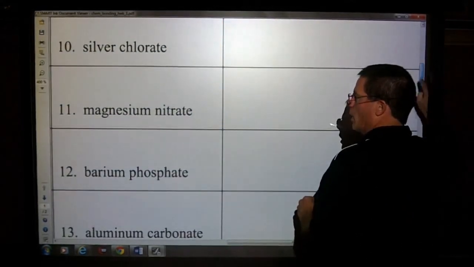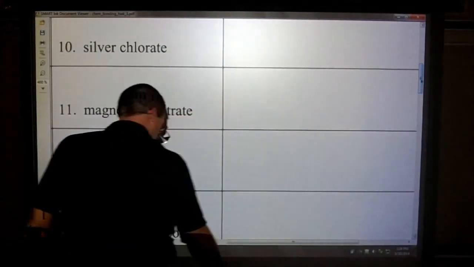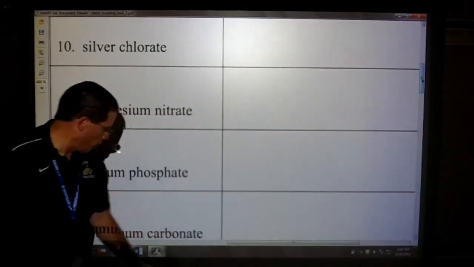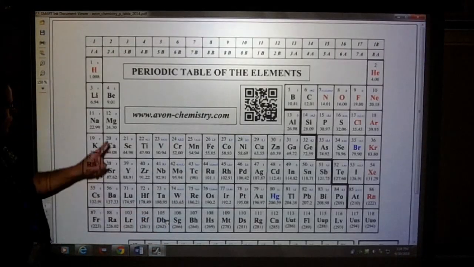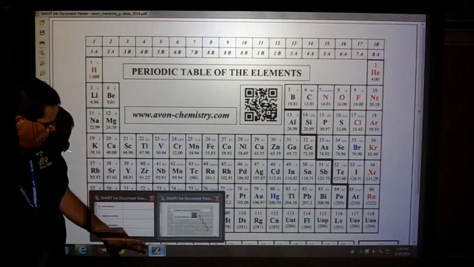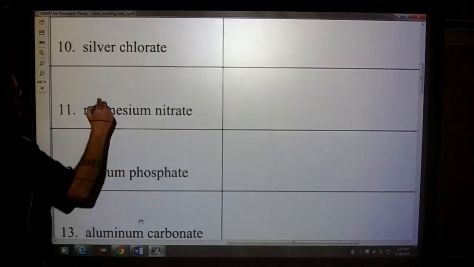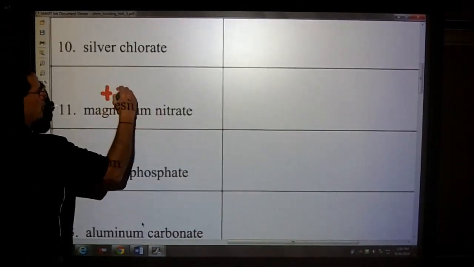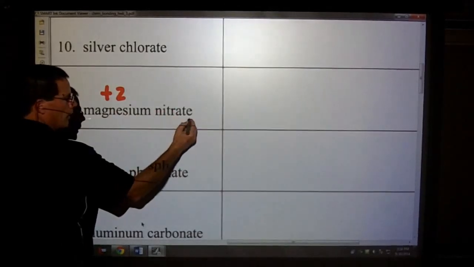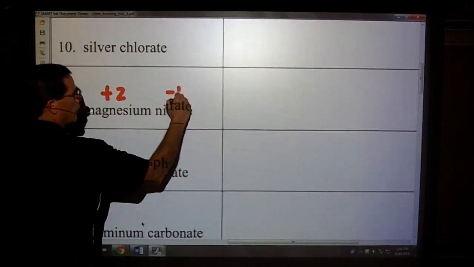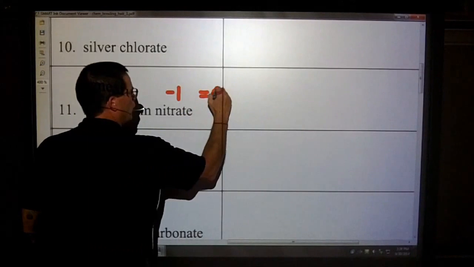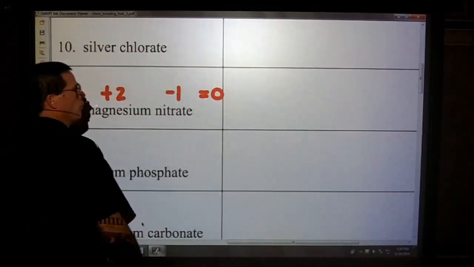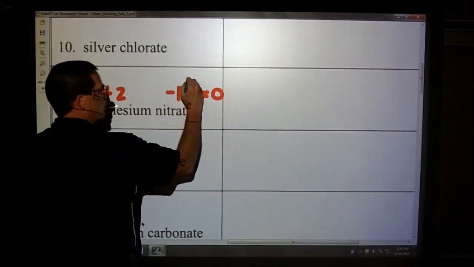Looking at number 11, magnesium nitrate. Okay, so magnesium nitrate, again, magnesium's group 2A, and I think we already did a magnesium or a nitrate already. So +2, nitrate, again, ends in ATE, has a -1 charge. That means we need, or equals 0. So how many nitrates do we need?